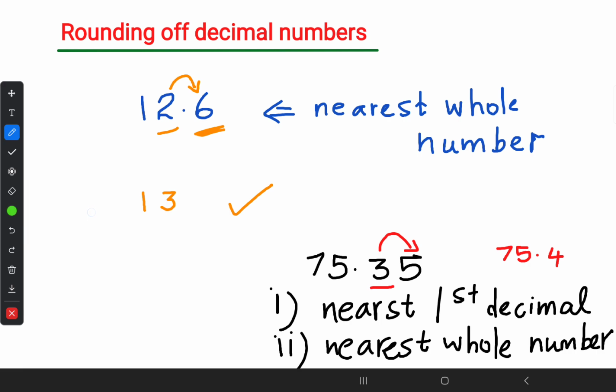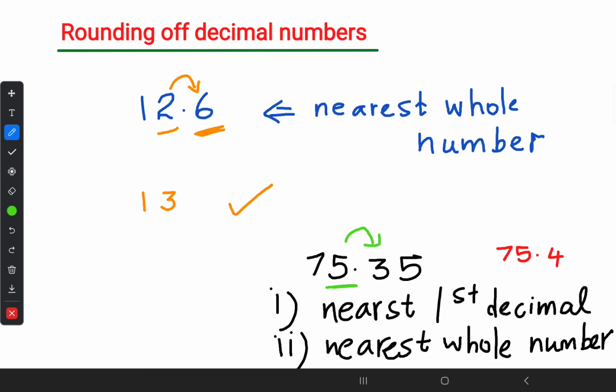Then secondly, the nearest whole number. To get the nearest whole number, think about it. Nearest whole number means this one. After that we have a number.